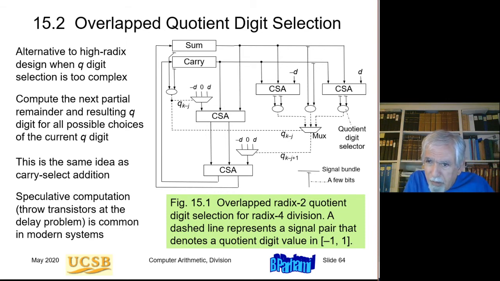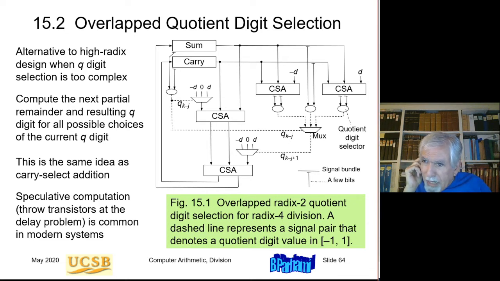And normally in binary division, once the quotient digit -1, 0, or 1 has been determined, it's used to select one of these three values, forward it to the carry save adder, which receives the carry save partial remainder, and find a new carry save partial remainder for the next cycle.